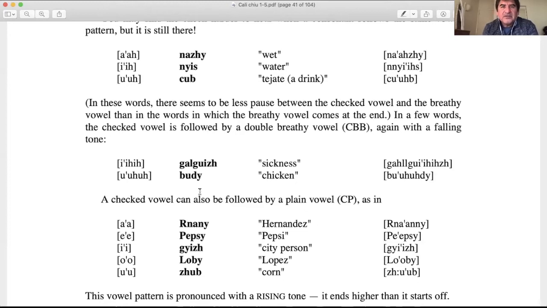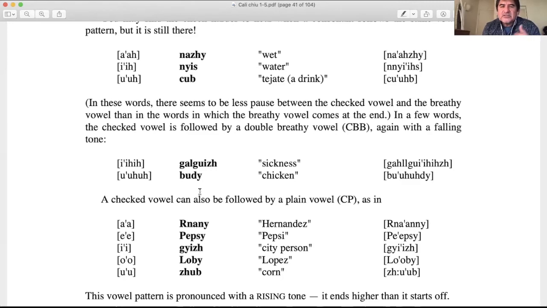Hopefully you'll hear the checked vowel and then the breathy vowel for water, and for sickness you'll hear the checked vowel and then a longer breathy vowel. Listen up. Yes. One more time. Yes. And now sickness. Galgish.